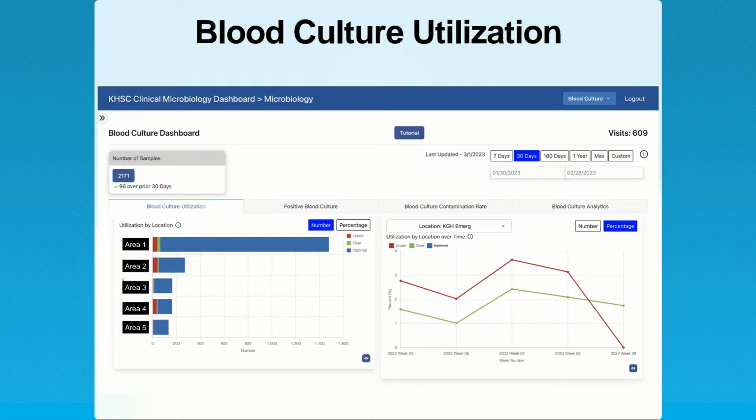Emerge tends to be one of our busier sites, and between week 5 of 2023 and week 9 of 2023, at week 9 there was a little bit of a dip in under collection of blood cultures, but over collection stayed the same. So you can monitor things that are associated with utilization and appropriate outcomes.